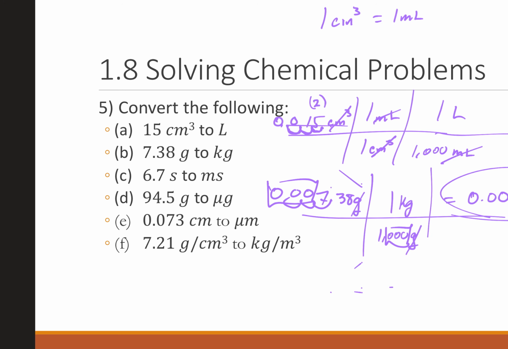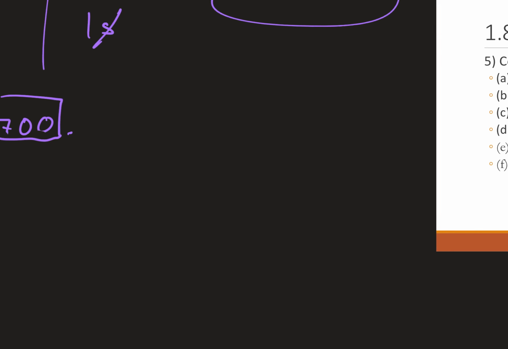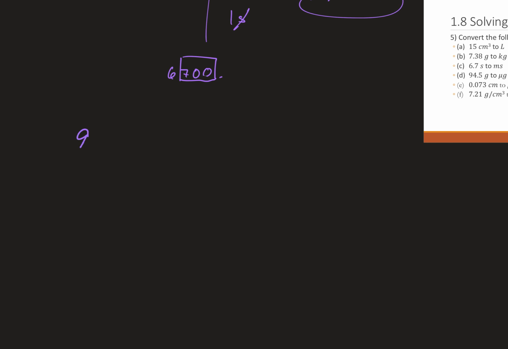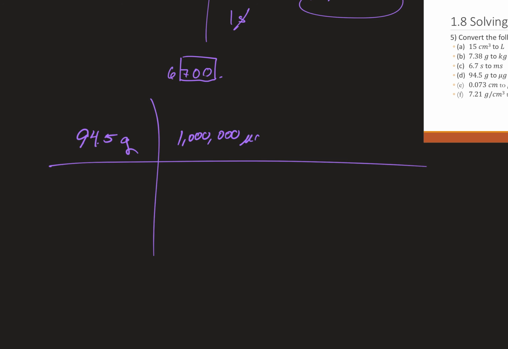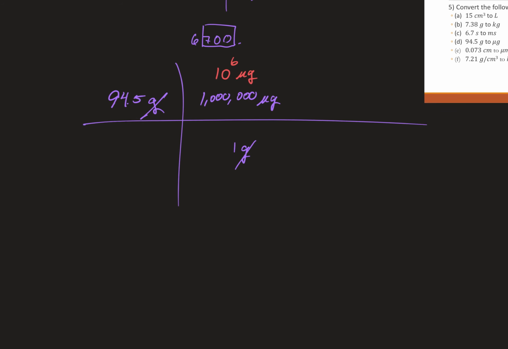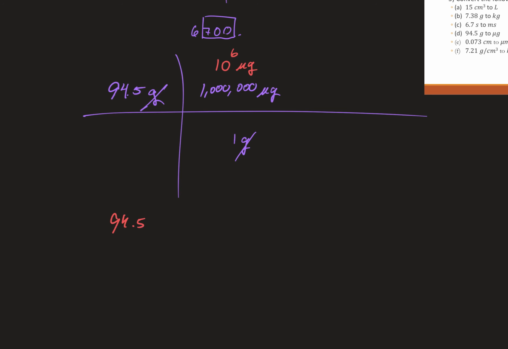In D, 94.5 grams to micrograms. What we're doing here is you need to know the conversion, that 1 million micrograms in 1 gram. So grams will cancel out. Standard notation will just give you a really ridiculously large number. So you could change this to 10 to the 6th micrograms, all right? And then you get 94.5 times 10 to the 6th micrograms.